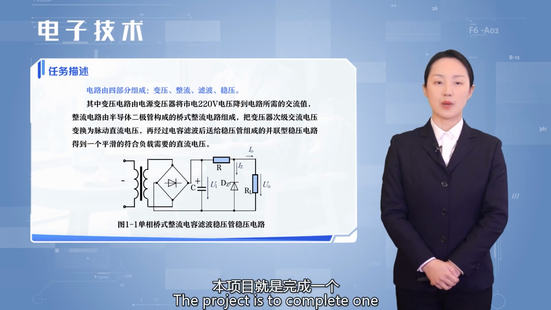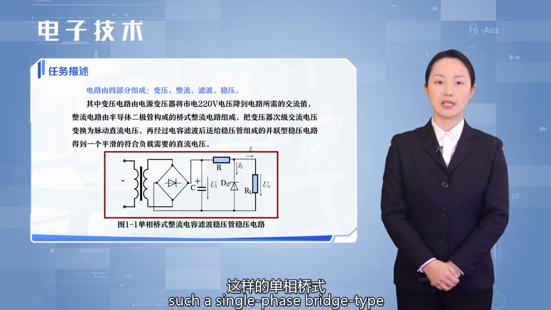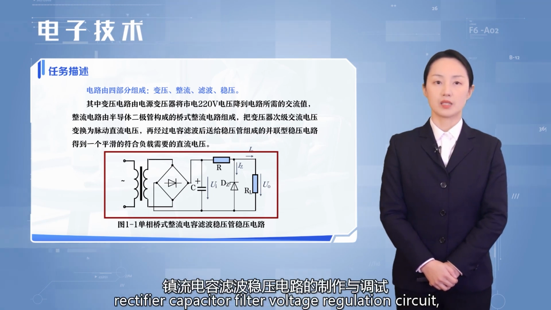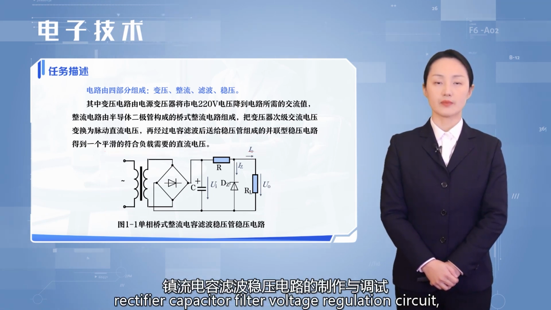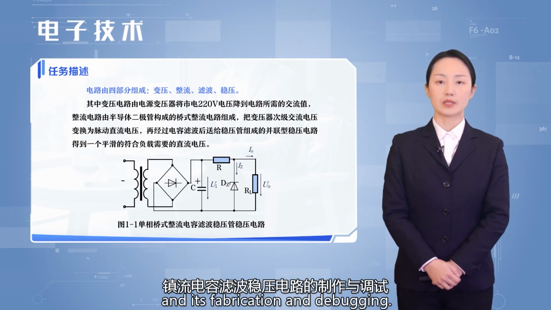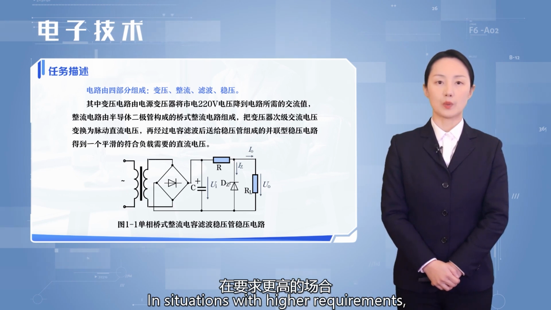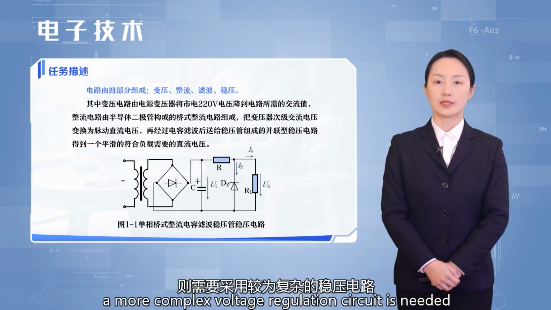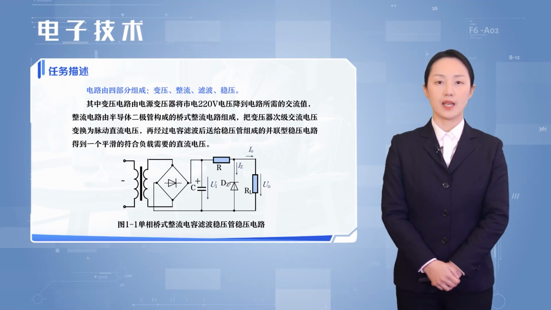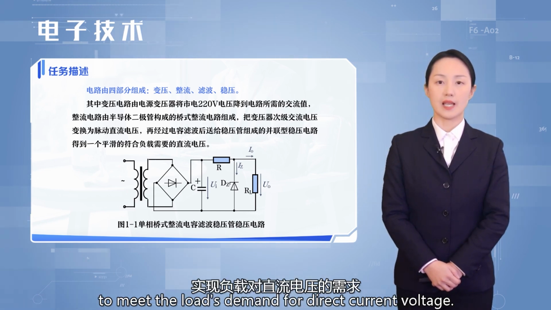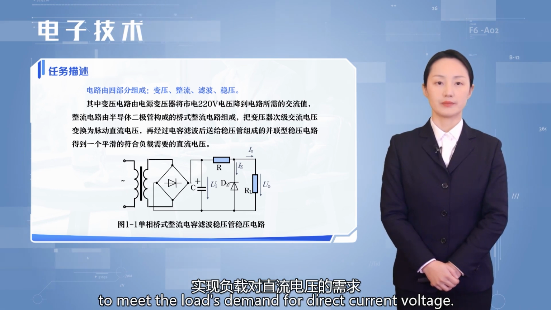The project is to complete such a single-phase bridge type rectifier capacitor filter voltage regulation circuit, and its fabrication and debugging in situations with higher requirements. A more complex voltage regulation circuit is needed to meet the load's demand for direct current voltage.